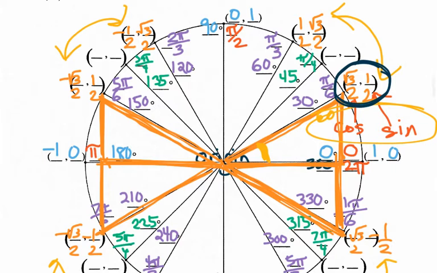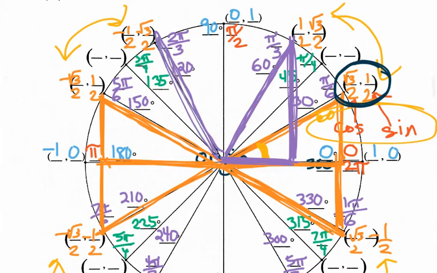When you go to another triangle where it's the 60, I'll put it in here, where it's this one here, then your cosine is the short one, which is 1/2. And your sine is the long one, which is the root 3 over 2. Same values, just switched. So here's another 60-degree angle in quadrant 2.